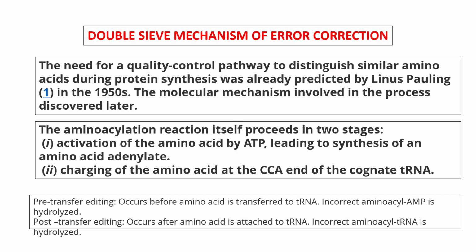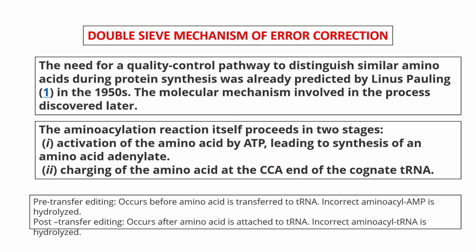This we have discussed several times. The first step involves activation of the amino acid by ATP, leading to formation of aminoacyl-AMP. In the second step, the amino acid is charged at the CCA end of the cognate tRNA.